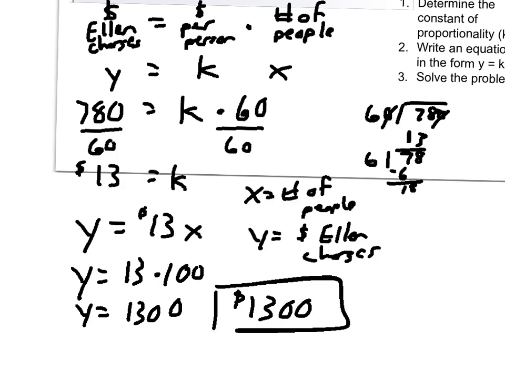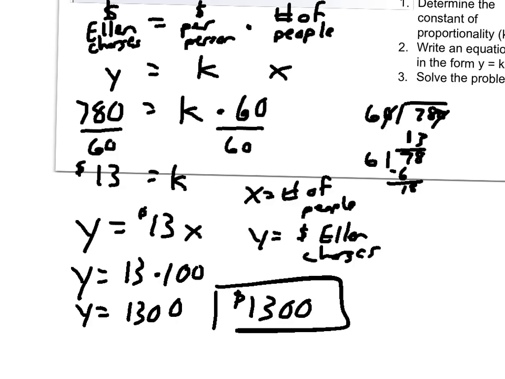Again, I could have solved for that using a proportion. However, the nice thing is, once I've got this equation figured out, I could figure out how much it would cost 125 people, or 150 people, or 1,500 people, just by plugging in those for that number and taking them times $13 per person.